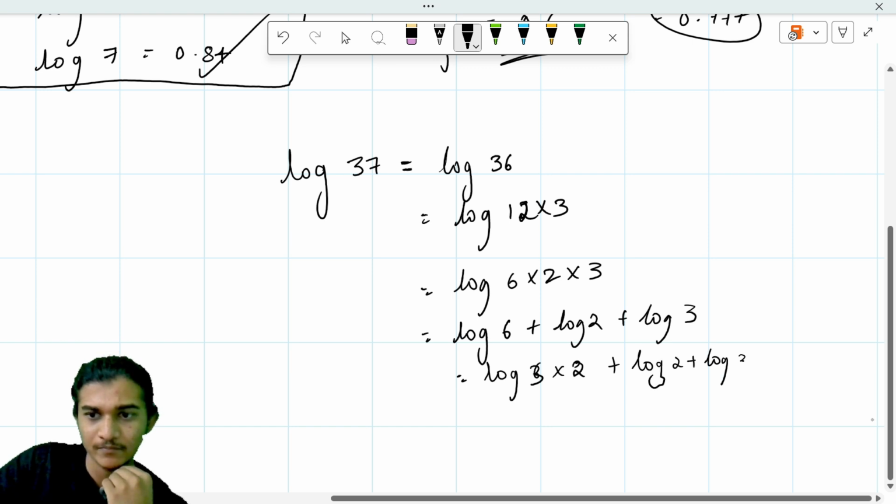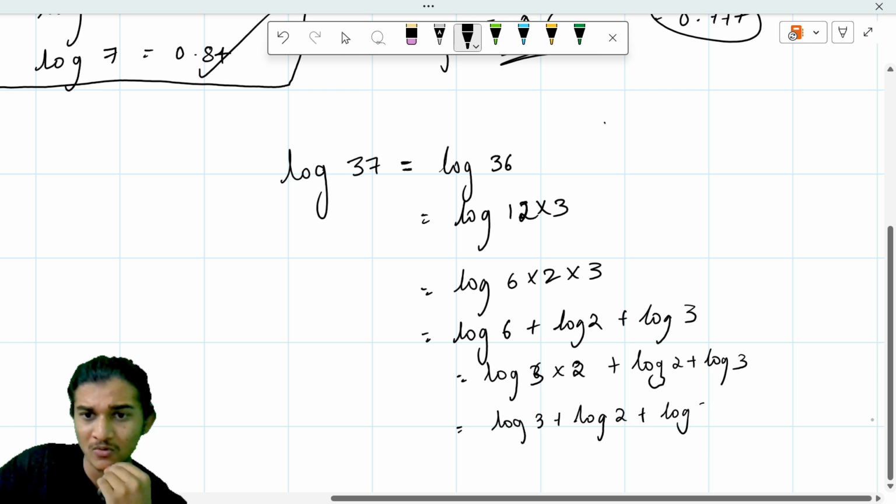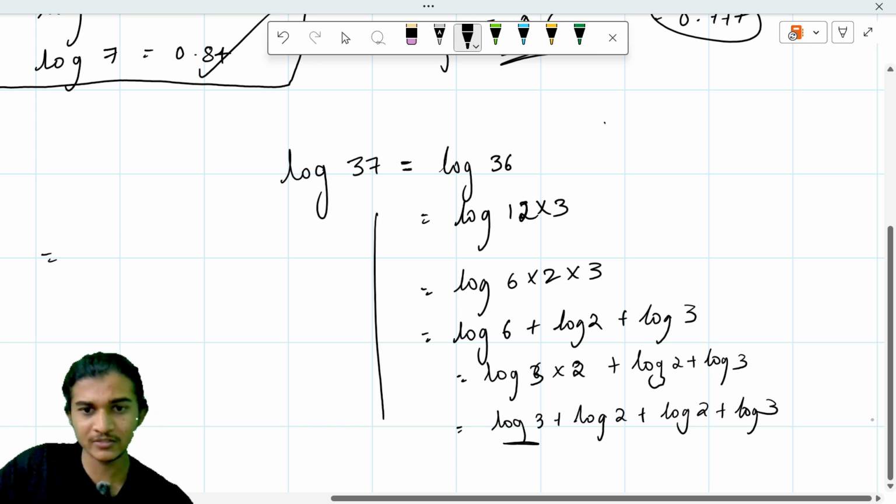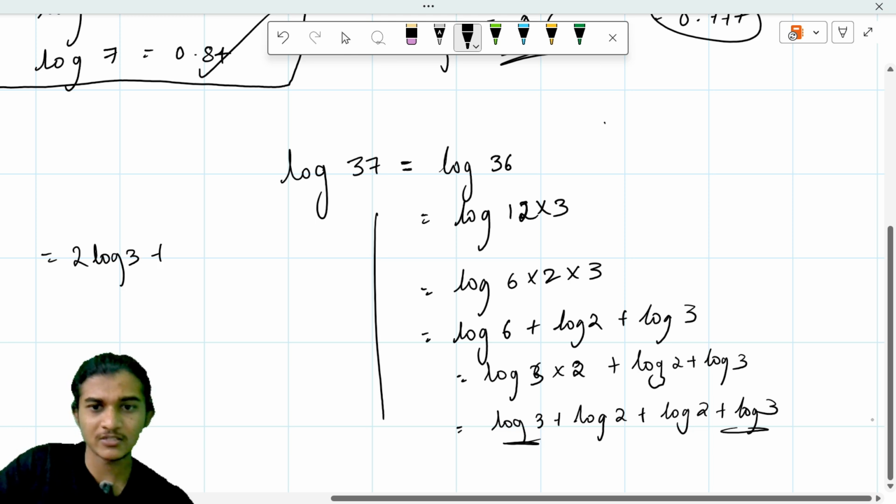And then I can write this as log 3 plus log 2, just basic formulas, that's it. Log 2 plus log 3, and then remaining over here, you have 2 log 3's, so 2 into log 3 plus, and then you have 2 log 2's, 2 into log 2.